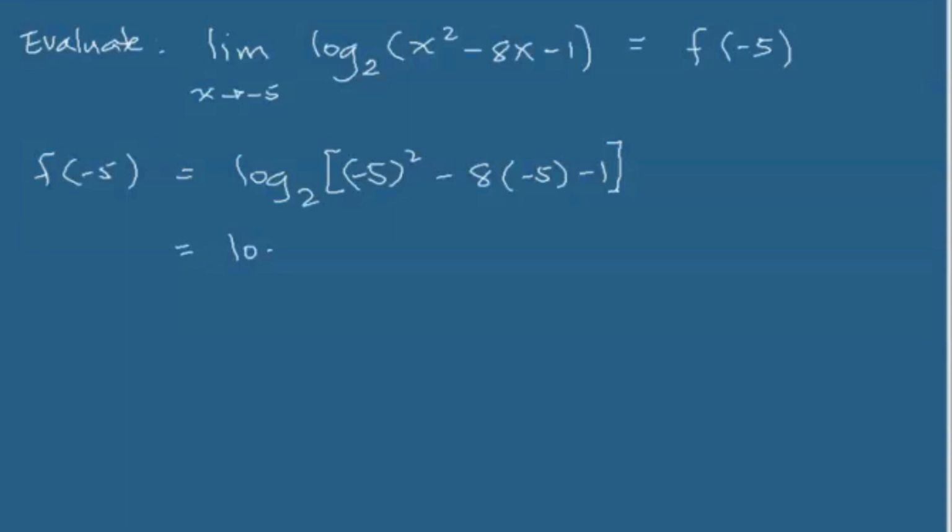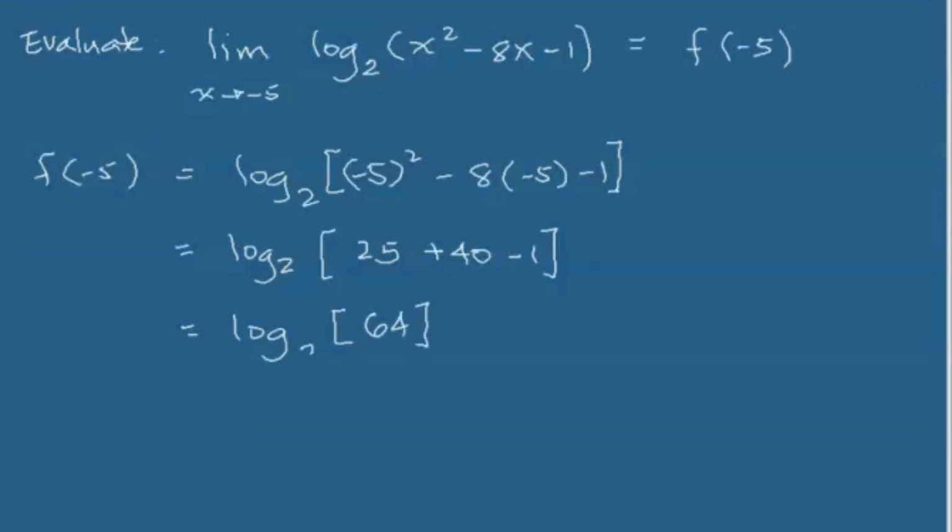Negative 5 squared is 25, negative 8 times negative 5 is positive 40, minus 1, base 2. So this is the logarithm of 25 plus 40 minus 1, which is 64 base 2.